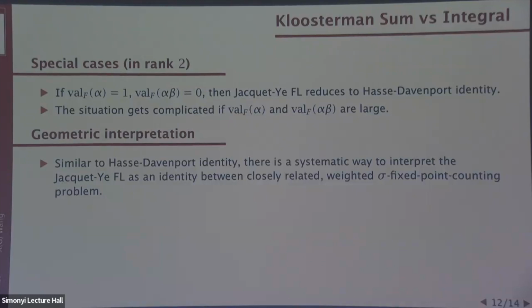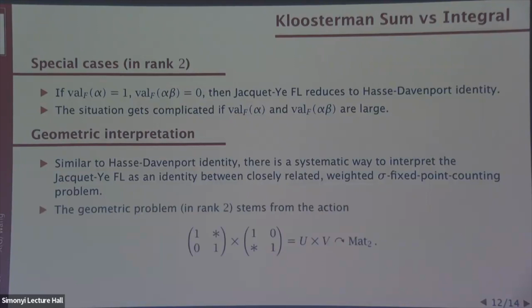But still, geometric solutions are very elegant, and actually there is a systematic way to interpret the Jacquet fundamental lemma as an identity of point counting on certain varieties. And the geometric problem stems from this action, the U cross V unipotent groups acting on 2 by 2 matrices.